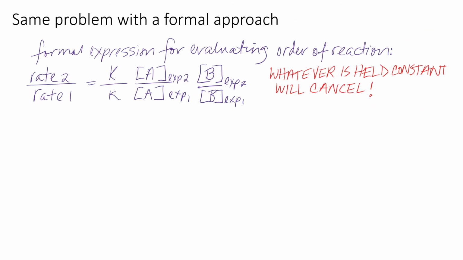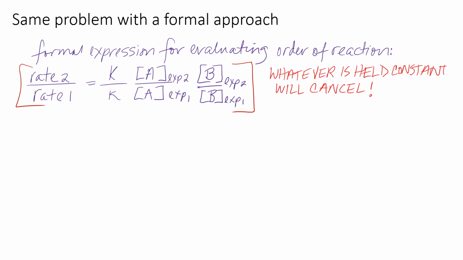Now I want to talk about tackling the same problem, but with a formal approach. The more rigorous mathematical way to set up this equation is what you see here. We're actually setting up a ratio between rate 2 and rate 1. And we're going to use this expression to do exactly the same problem that we just did.